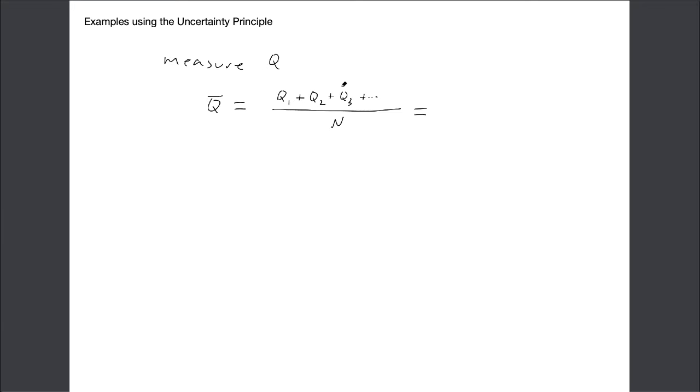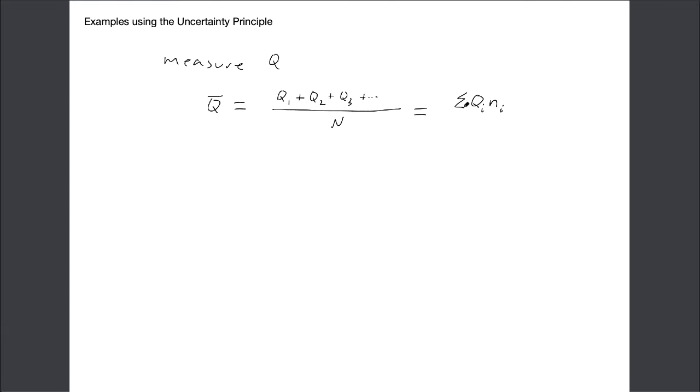And so another way to write this is that you're going to take the measurements Q, with a little subscript i on there. So i is one of these numbers, 1, 2, 3, 4, 5. We're going to multiply that by the number of times that measurement occurs, little n, and then add all those together.